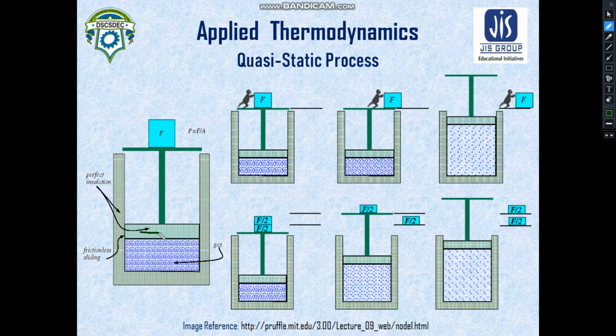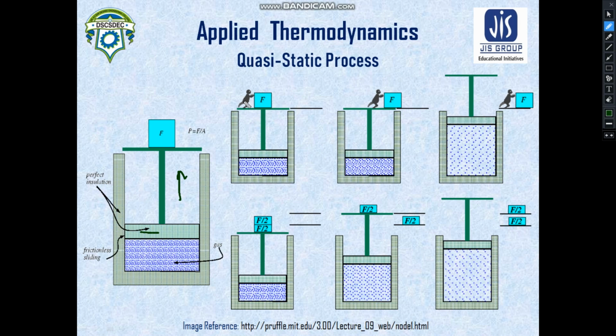This is a frictionless sliding piston. That means if the gas is pressurized, this piston will move in the upward direction. And there is a perfect insulation present here. That means no heat transfer is allowed. Any kind of energy transfer is not allowed here, except the transfer of energy by the gas or the weight.